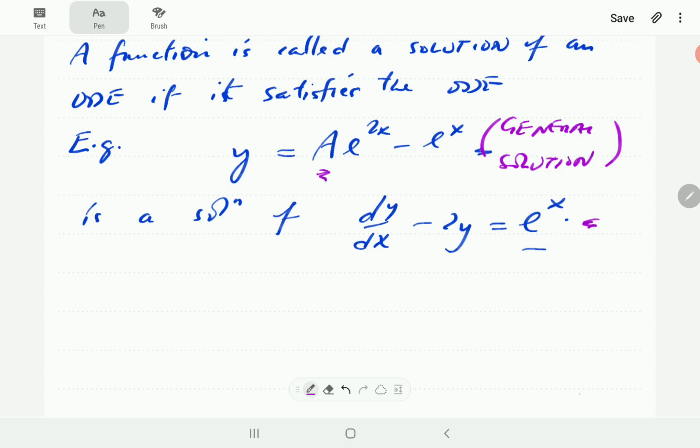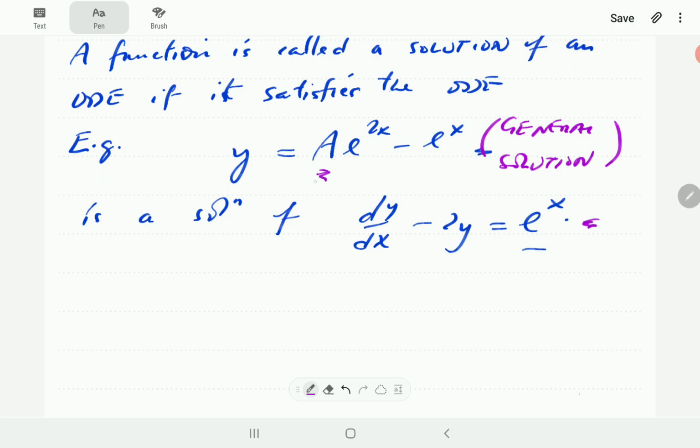because we integrate once. General solution of a second order ODE is going to have two unknown constants, etc. So the number of constants is always going to correspond with the order of the ODE.